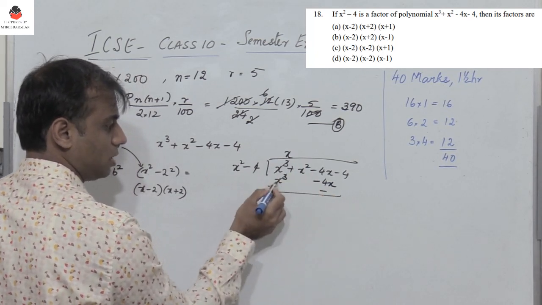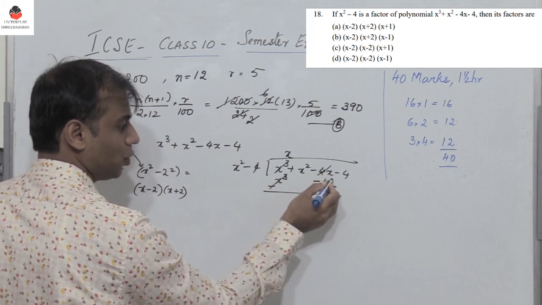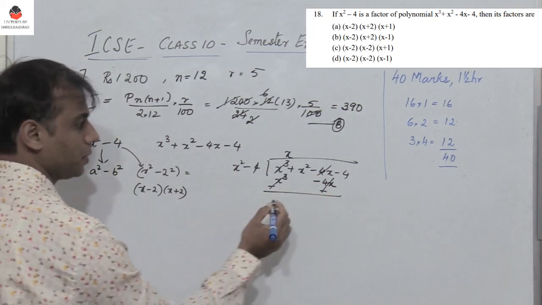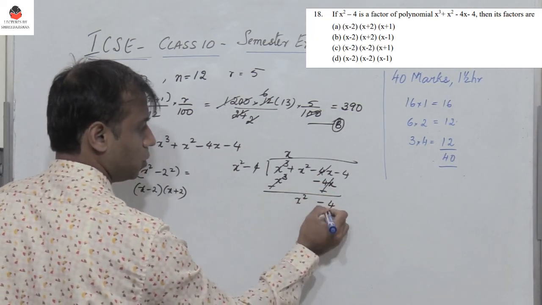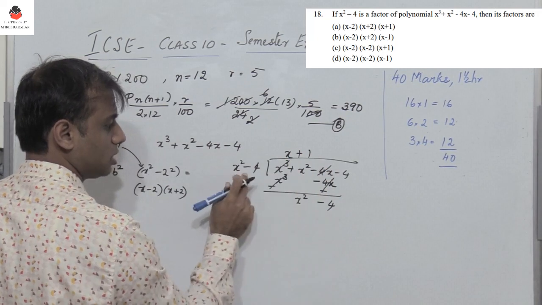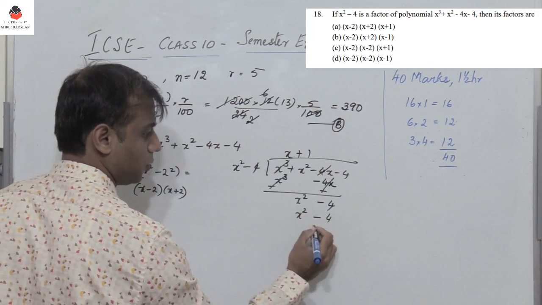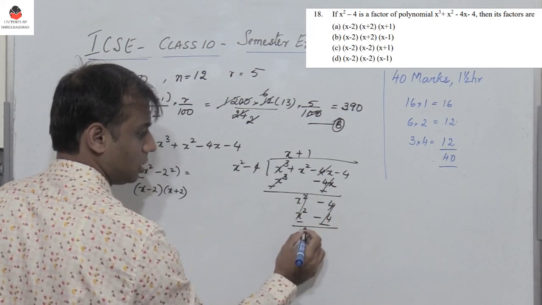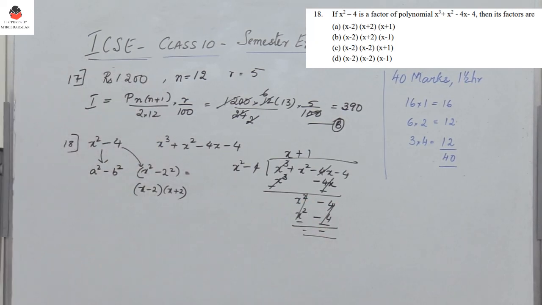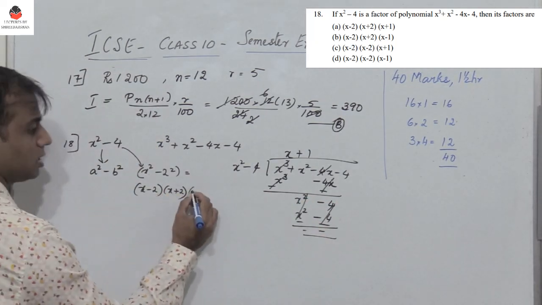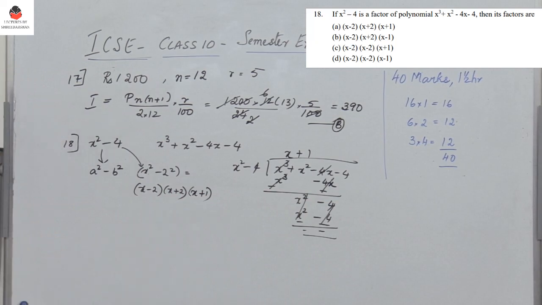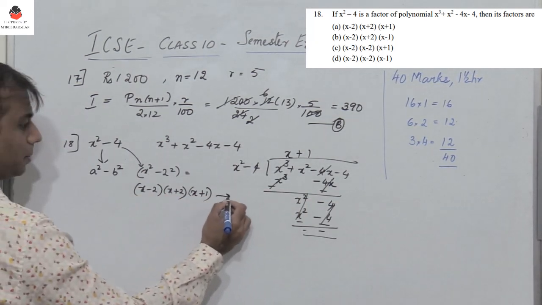So x cube minus x cube, and minus 4x plus 4x gets cancelled. So you have x square minus 4 plus 1. 1 into x square minus 4 is x square minus 4. Subtract, all the terms get cancelled. So therefore the other factor is x plus 1. So check all the options. The right option is option A.